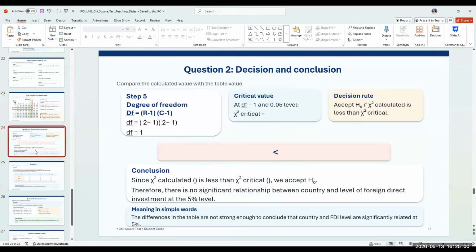The 0.05 will always be given to us in the question paper. The table is always given to you as part of the question paper. So the significance level will be indicated on the question paper.